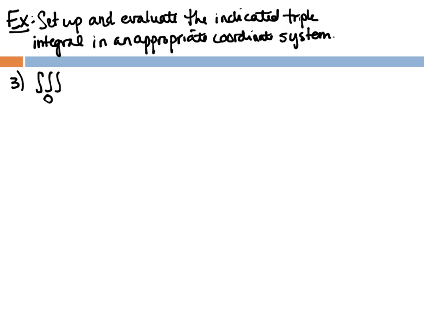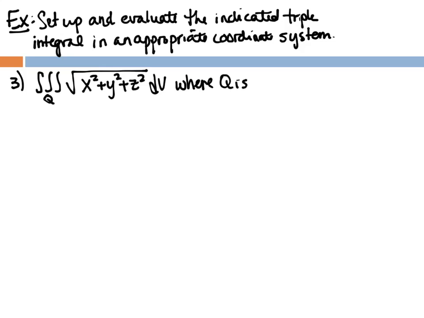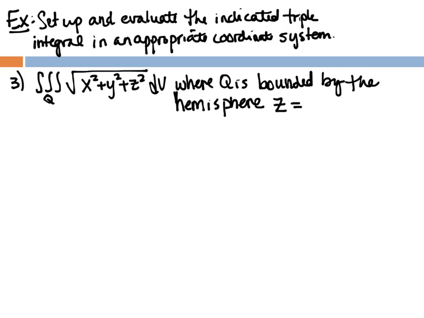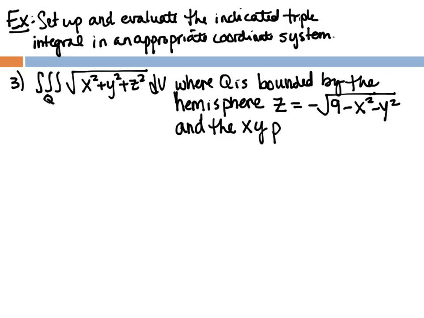We have our triple integral over Q of the square root of x squared plus y squared plus z squared dV, where Q is bounded by the hemisphere z equals negative square root of 9 minus x squared minus y squared, and the xy plane.